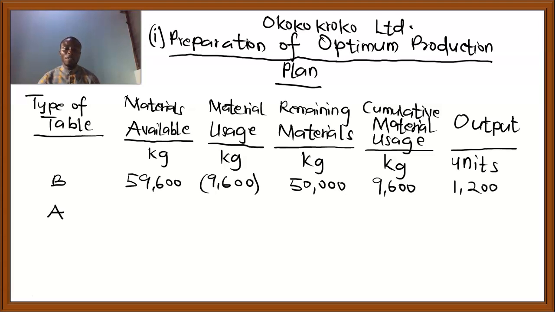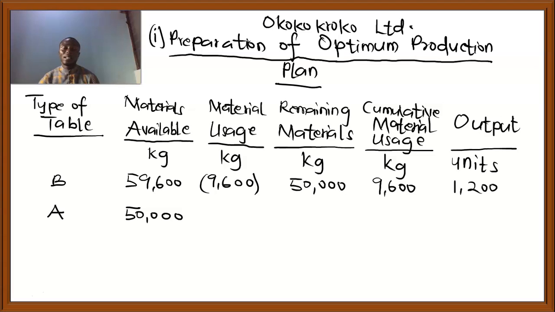Now the materials available is calculated by taking the remaining materials. We had remaining materials of 50,000 after producing B, so now the materials available is 50,000.